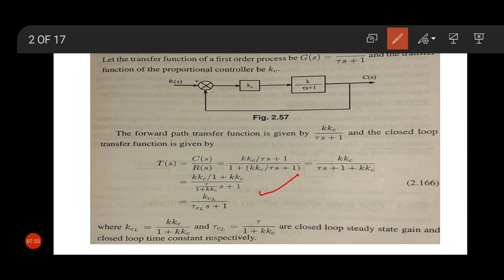From this equation we can note that an increase in Kc decreases tau cl, and if tau cl decreases, it speeds up the closed loop response.